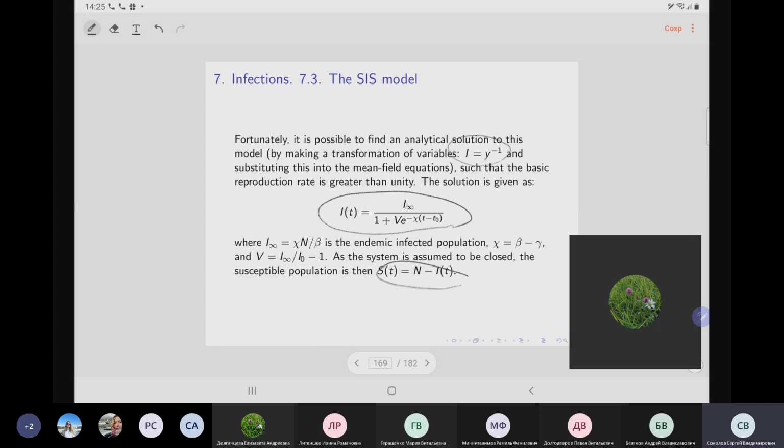And using the equation for S, we can get the whole exact solution.